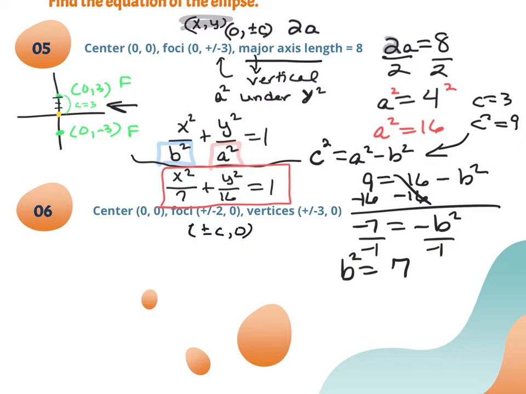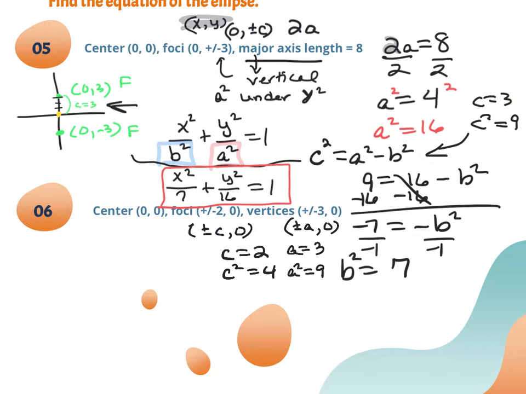So right there from my focus point, I can see my C value is 2 and C squared is 4. Remember your vertices: when the center is at 0, 0, this is plus and minus A, comma 0. So my A value is 3, so A squared is 9.